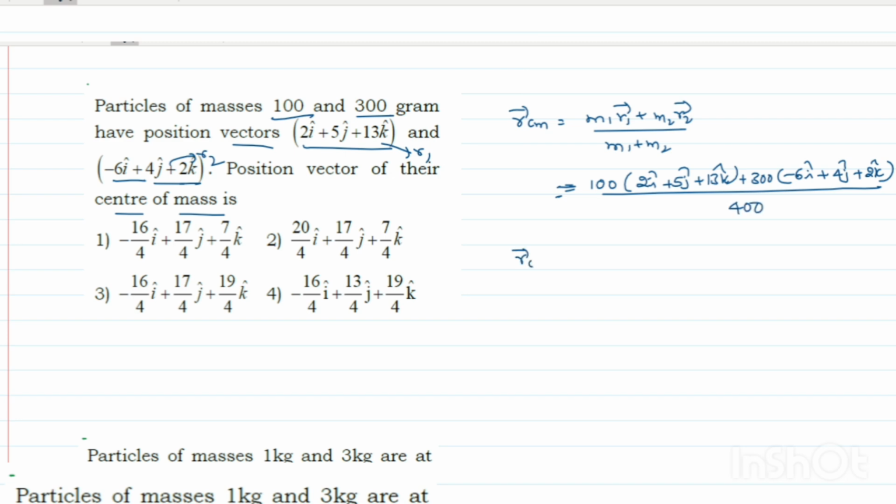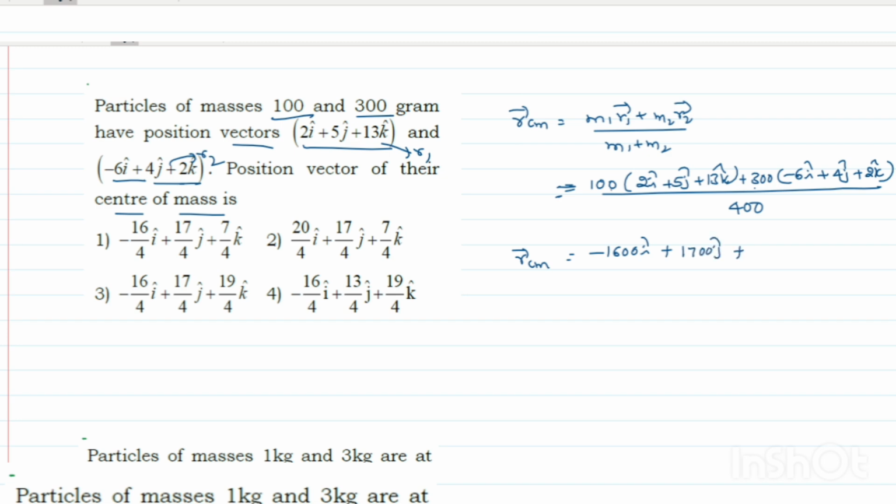Then RCM will be equal to: 100 into 2 is 200, minus 300 into 6 is 1800, so 200 minus 1800 gives minus 1600 i cap. Plus 100 into 5 is 500 plus 1200, giving 1700 j cap.